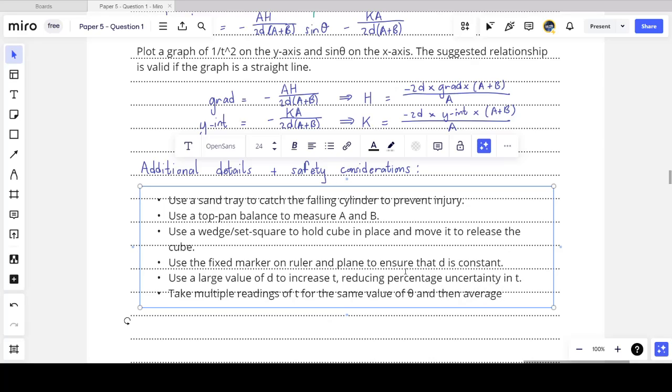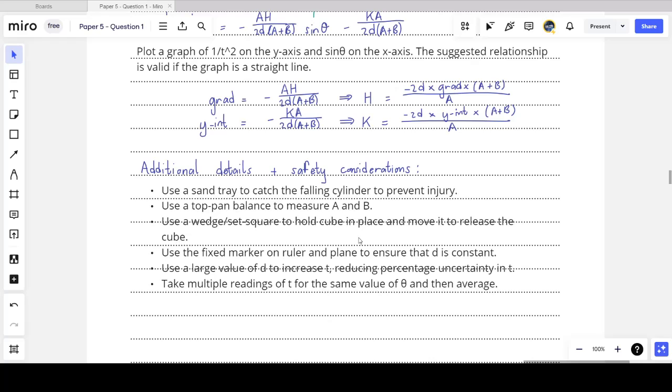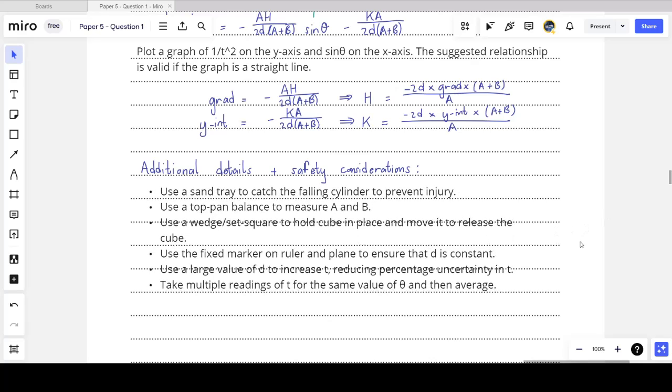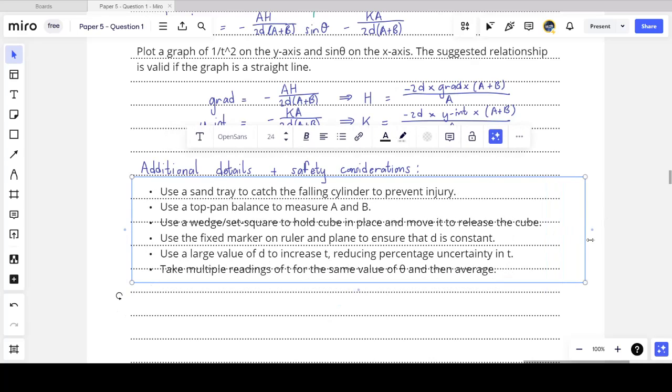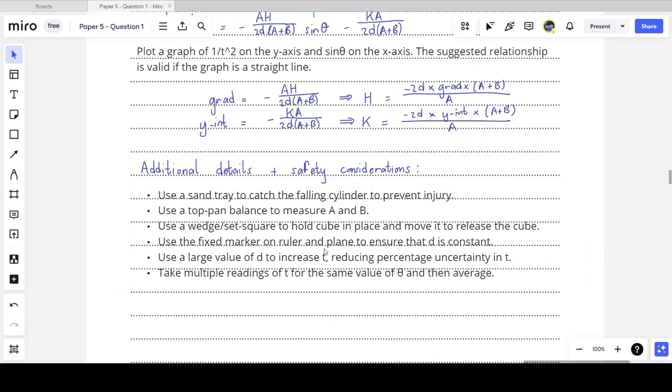You'll average the values of the time t for the same value of theta, and you'll reduce some of the uncertainty in those values. Measuring time is always a fairly uncertain thing to do, and so whenever you can do some correction by taking extra readings, etc., then do it. Especially in this case where it's very difficult to tell the time where the cylinder first hits the sand tray.